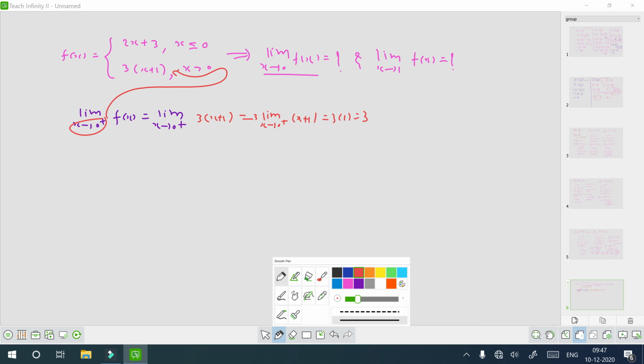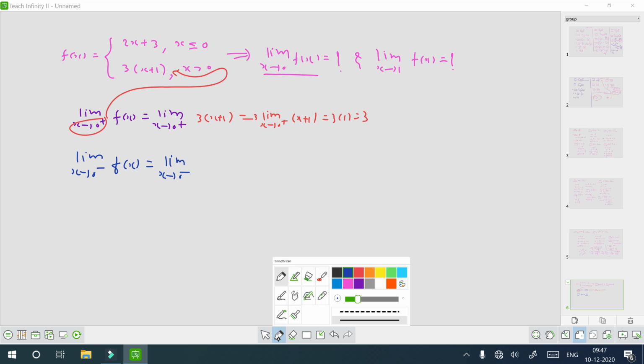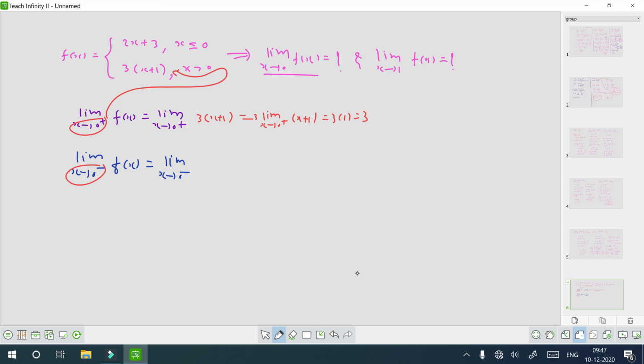So let us see the left hand limit. Limit x tends to 0 minus of f of x, x is less than 0. For x less than or equal to 0, we have to take f of x equal to 2x plus 3.